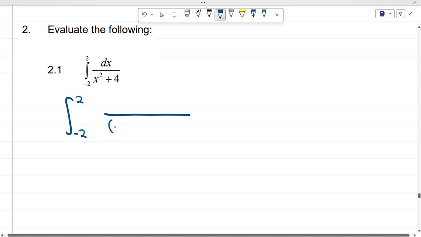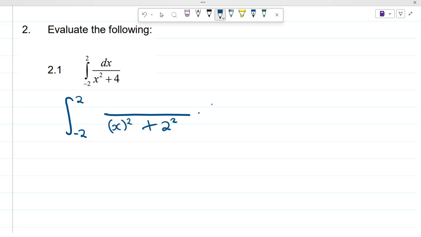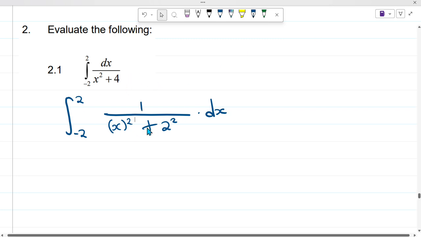So here I can see that I have x squared plus 2 squared dx, and on my numerator I have 1. Already this shape is that of tan inverse, right? I just need to make sure that I have the derivative of x on my numerator. When I differentiate x, I get 1, so I don't have to stress.